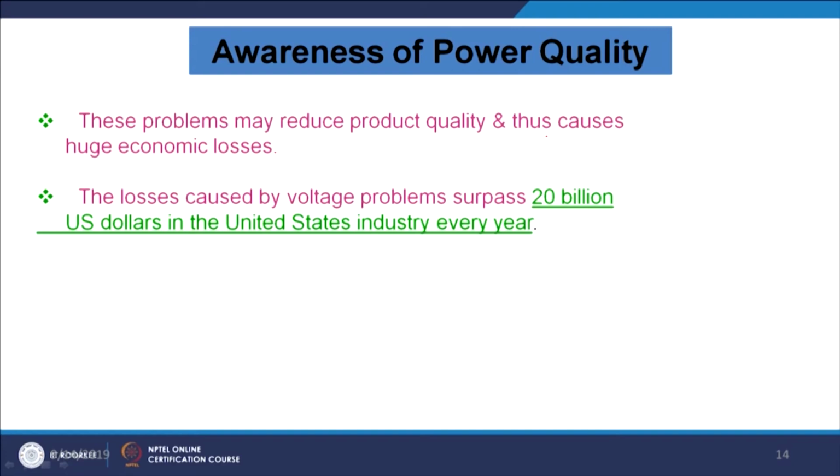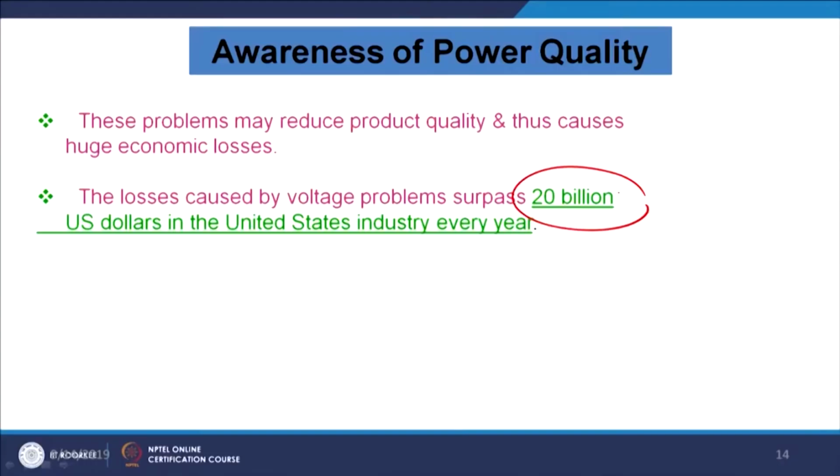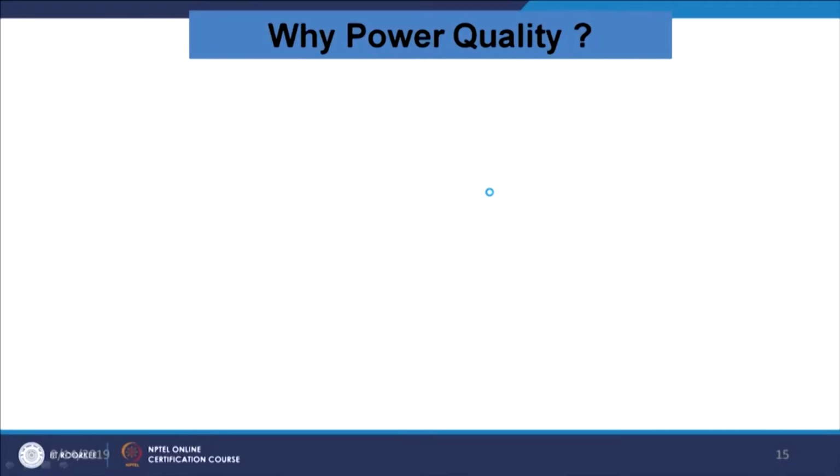You use power electronics for economic reasons and greater reliability and performance of the machine, but ultimately find that it is essentially reducing the cost of the component and damaging the component. The loss caused by voltage supply problems surpasses $20 billion in United States industry and services every year.